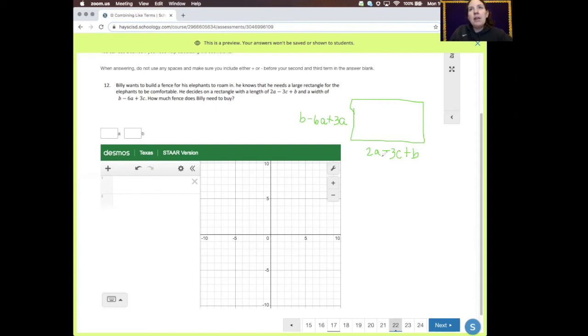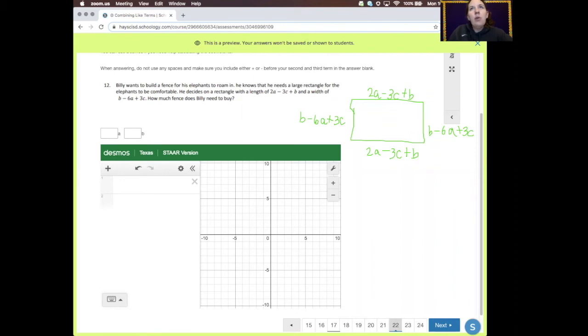What we know about rectangles is sides that are across from one another are identical. So this side is also 2a minus 3c plus b. And then my right side is going to be b minus 6a plus 3c. Oops, this should be a 3c. I know y'all would have told me if we were in class. And this is also plus 3c. We just got those measurements straight from the problem.